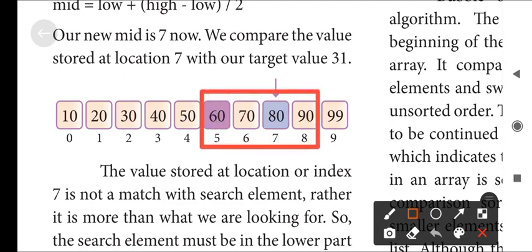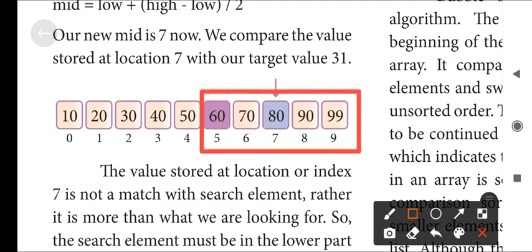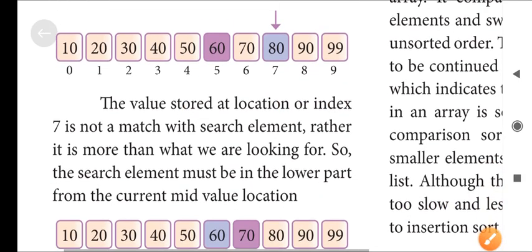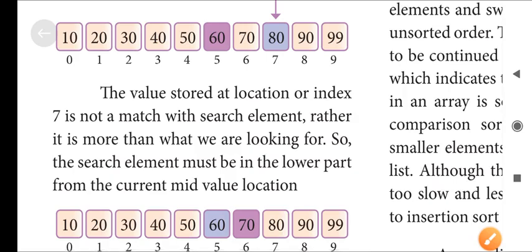So the mid value is at index 7, which is 80. This is high, this is low, this is mid. Now we proceed with the same process as I said earlier.